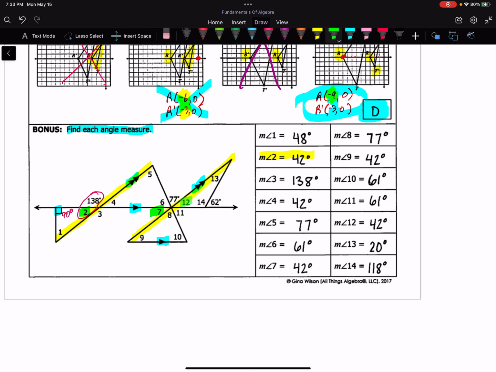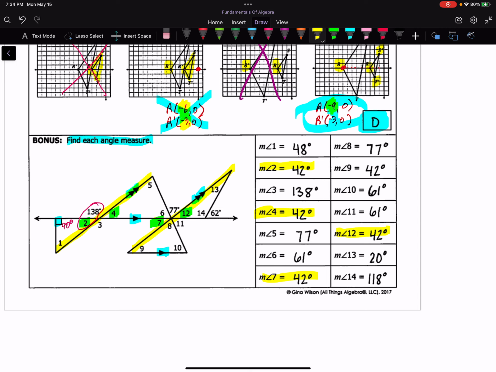We know 2, we know 12, right? And 2, if this is our transversal, has a vertical of 4. So that tells us all of the guys that should be 42 degrees. 4 and 7 and 9, 12.